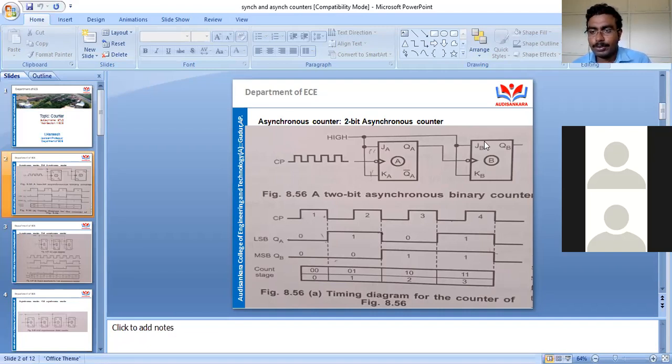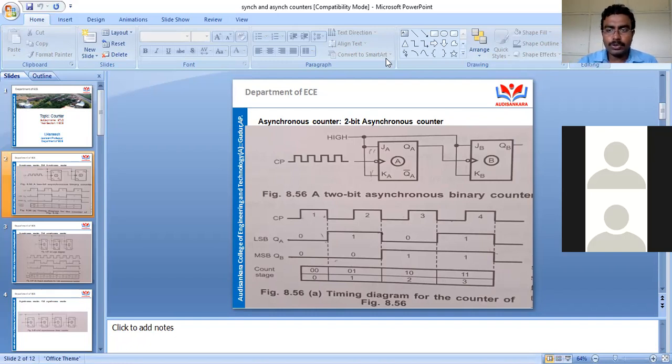For designing, you can select D flip-flop, T flip-flop, or JK flip-flop in most cases, because in an SR flip-flop, if you give certain inputs, we cannot predict the output, since it will be in an indeterminate state. So mostly we use D, T, and JK flip-flops to design any counter circuit.